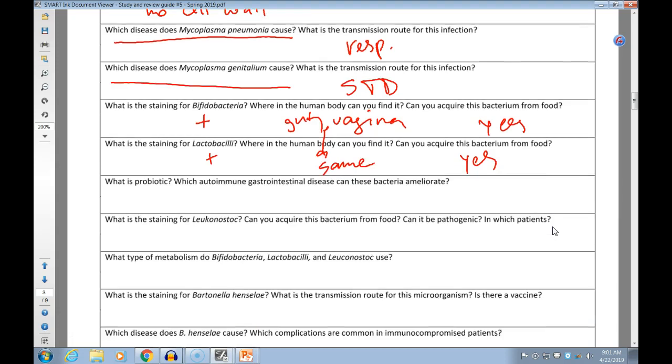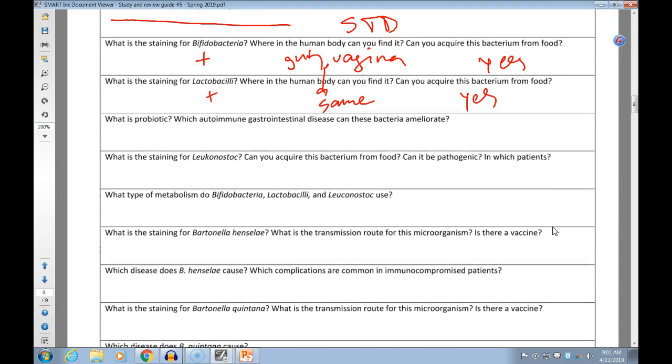What is a probiotic? A microorganism that stimulates the healthy population of microorganisms in the gut. They can ameliorate inflammatory bowel disease. Okay. Staining for Leuconostoc: positive. You can acquire it from food. It can be pathogenic in immunocompromised patients.